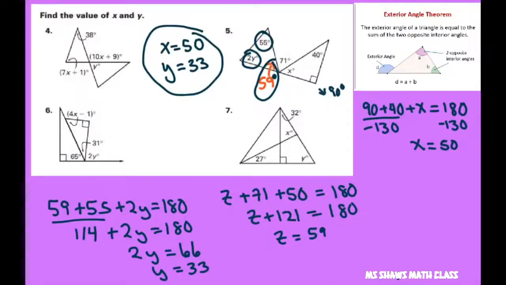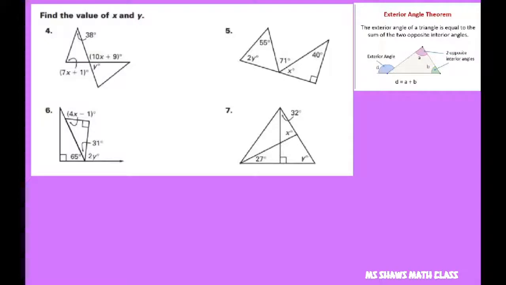All right, for the next one, number 6, let's do this triangle first and see what we can do with that. We're going to solve for x. So we have 31 plus this one's 90 plus 4x minus 1, and that should equal 180.